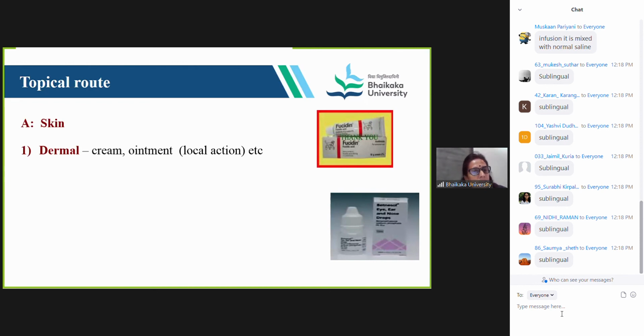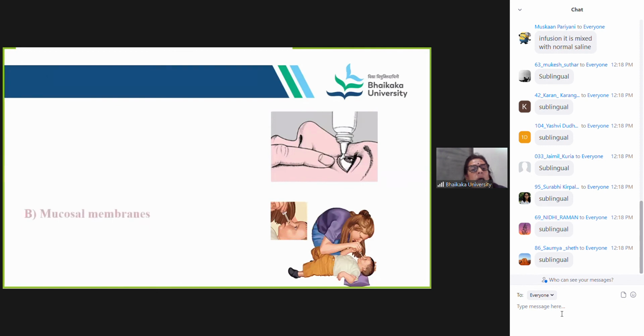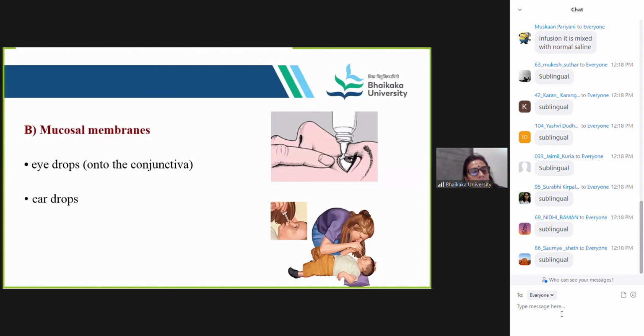One is via the skin, the dermal route, and the second is if you use the drug via the mucous membrane, applying directly to the mucous membrane, then they are the eye drops, ear drops, eye ointment, and so on. So there are certain dosage forms available for local action via the mucous membrane, or maybe via the skin.